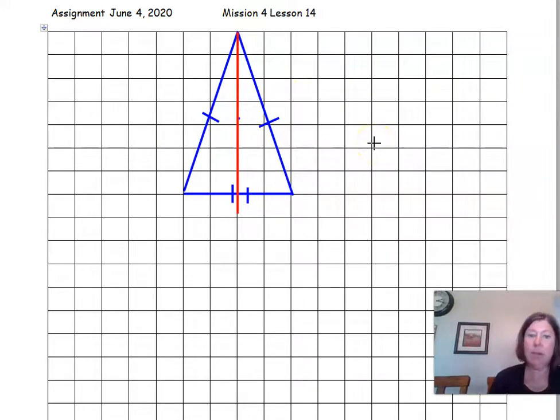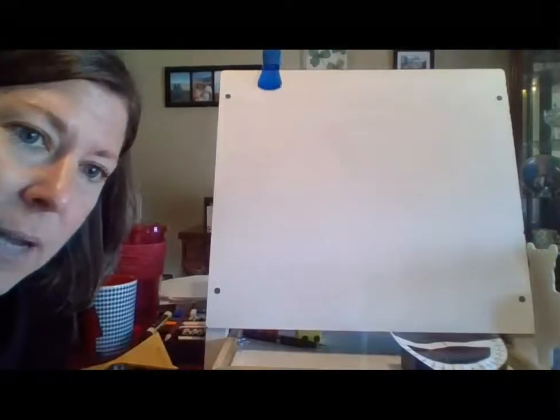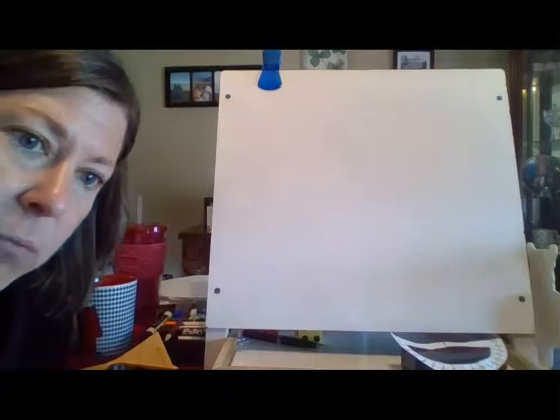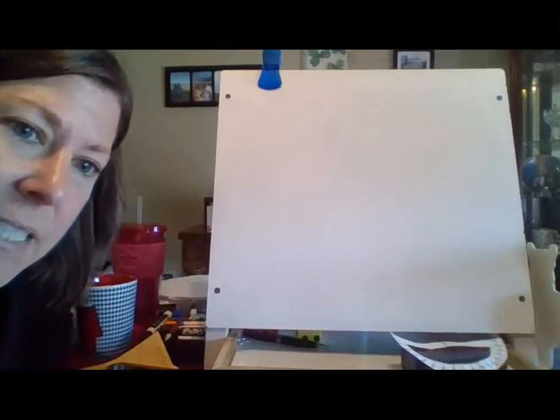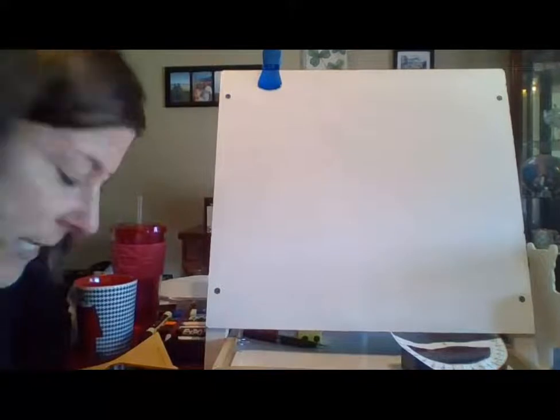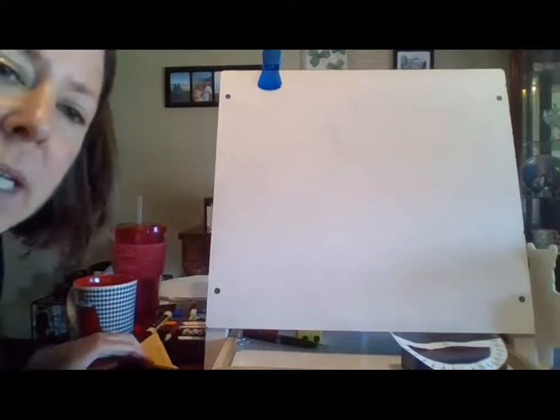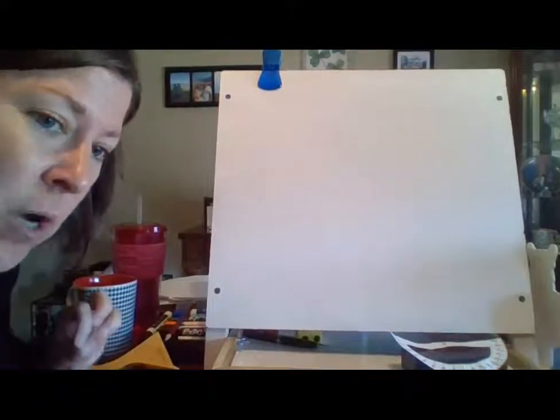Now, like I said, the last example we are going to do on the whiteboard, and I'm going to be using my protractor to help me. All right, so for letter C, I want to use my whiteboard because it's a little tricky for an acute scalene triangle.